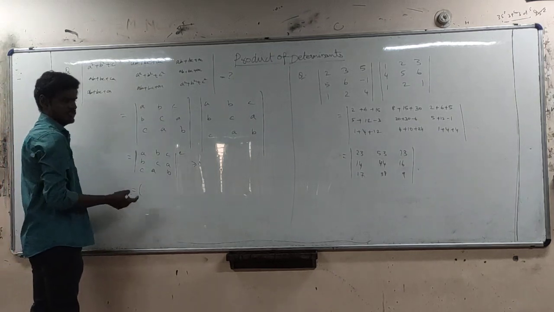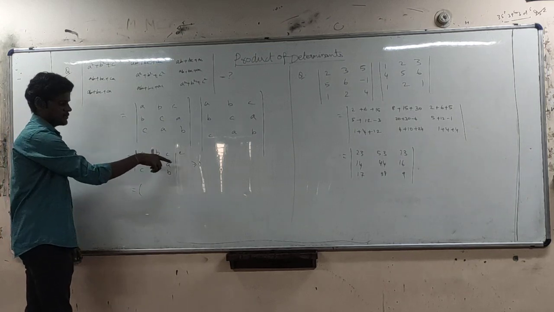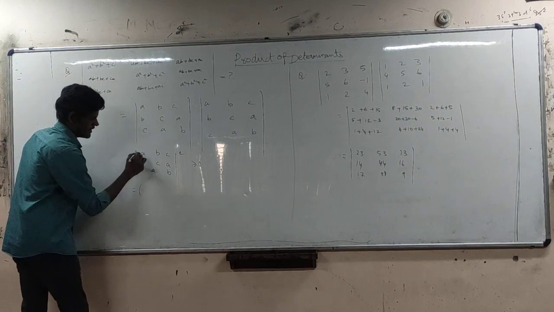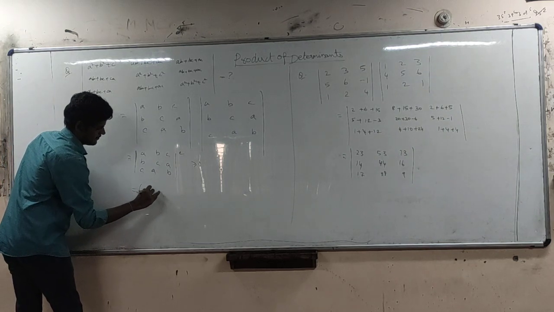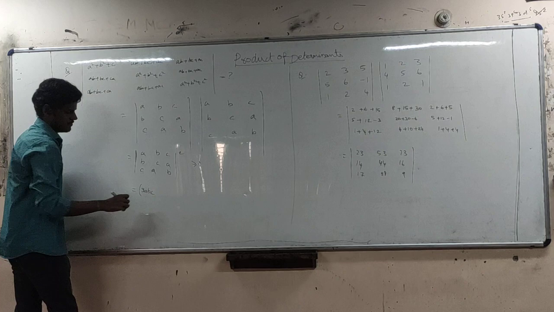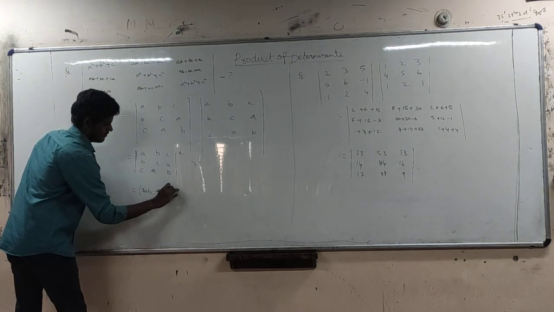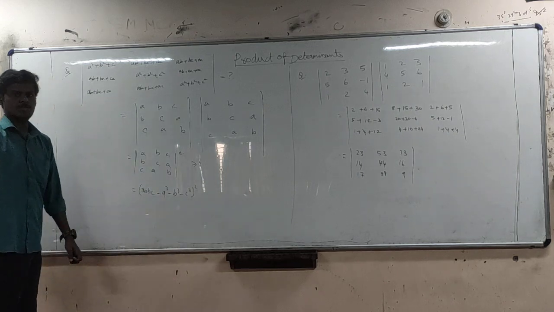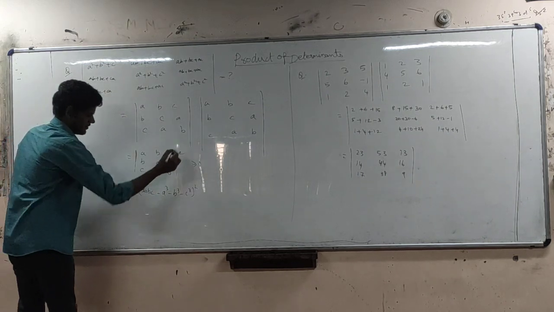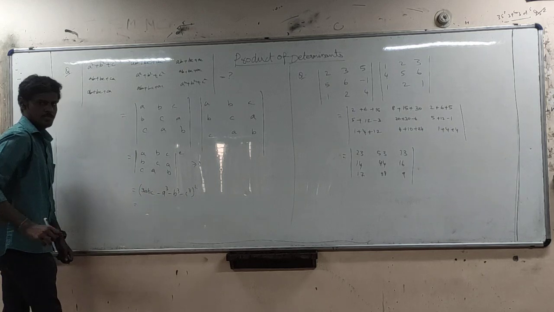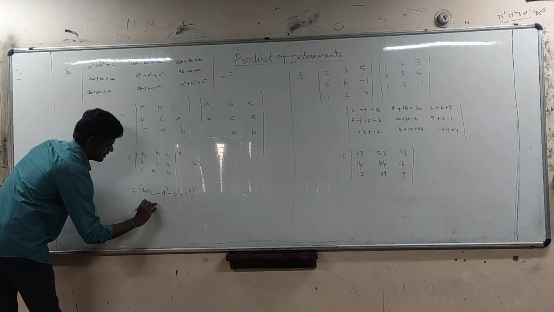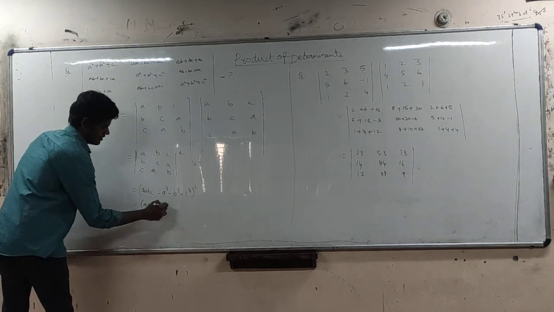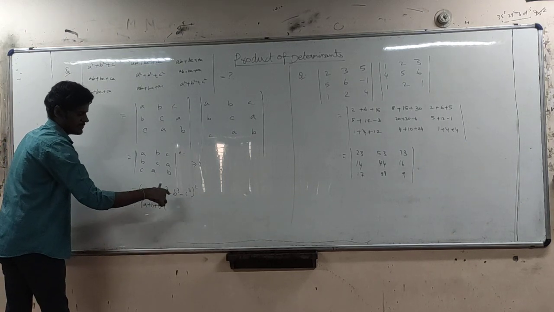If you don't know it also, there is no problem. Use Sarrus' rule to calculate the value fast. Just multiply abc 3 times minus a cube minus b cube minus c cube, whole square. So what is this value? a plus b plus c into, here we have minus a square minus b square.